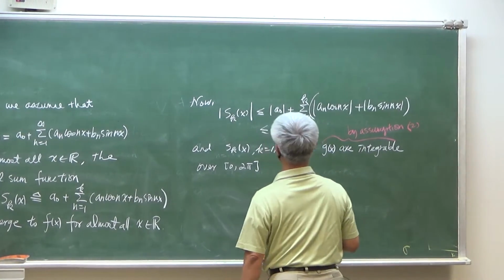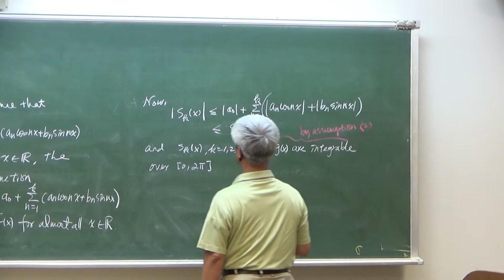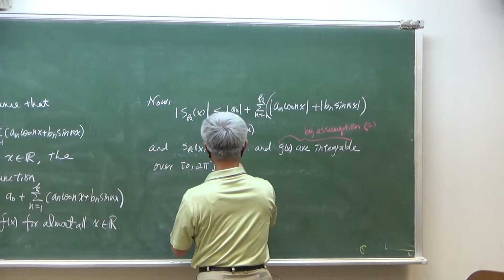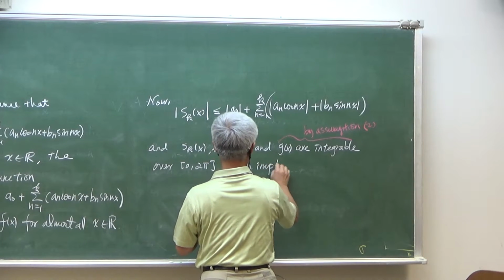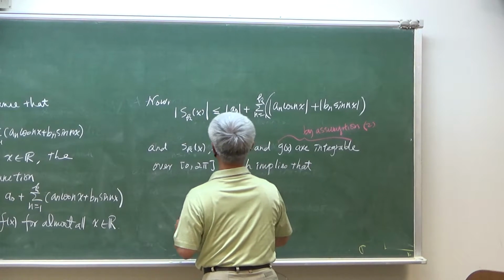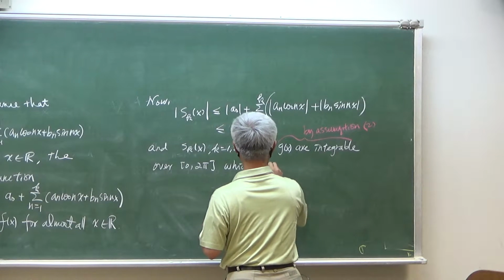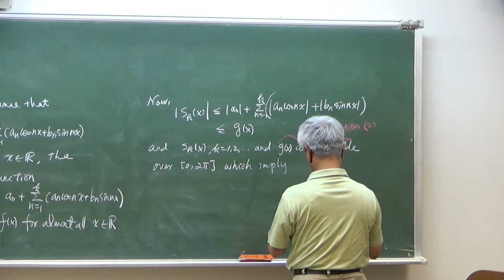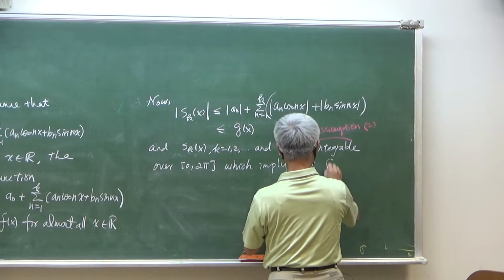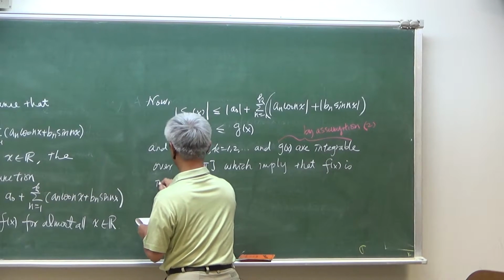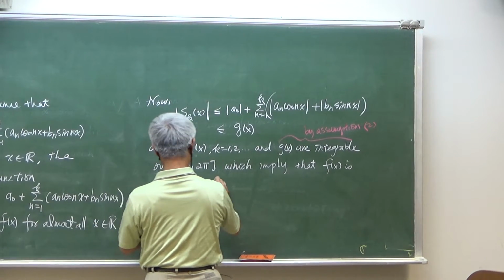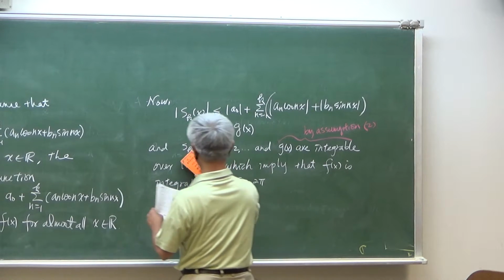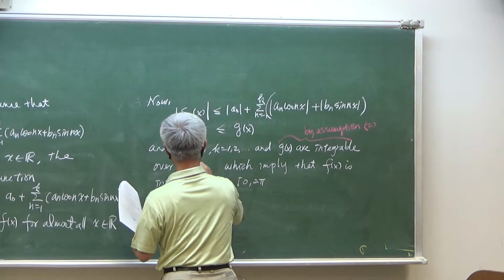Right? Which implies that f of x is integrable over 0 to 2 pi, or minus pi to pi. I think maybe we use minus pi to pi.